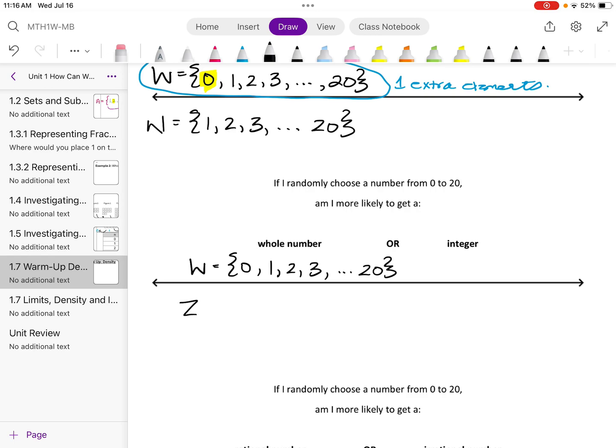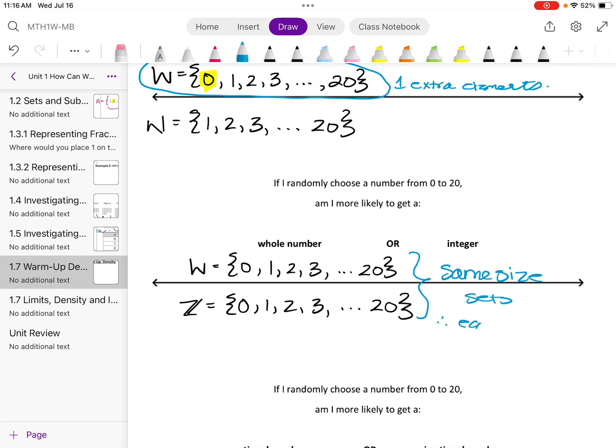My integers, and we actually represent integers with a Z, we've got 0, 1, 2, 3, up to 20. And these are equally likely. They're the same size sets. They have the exact same number of elements. Integers are larger, but only when I include negative values.